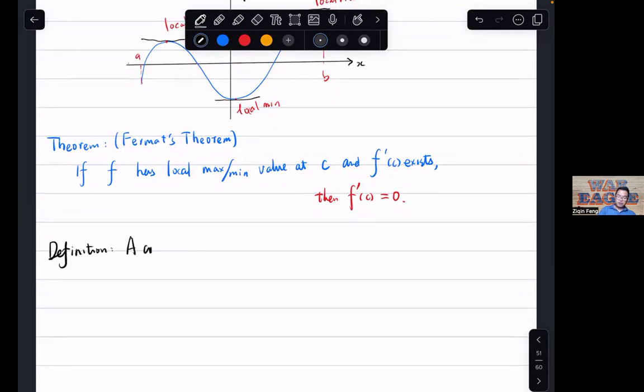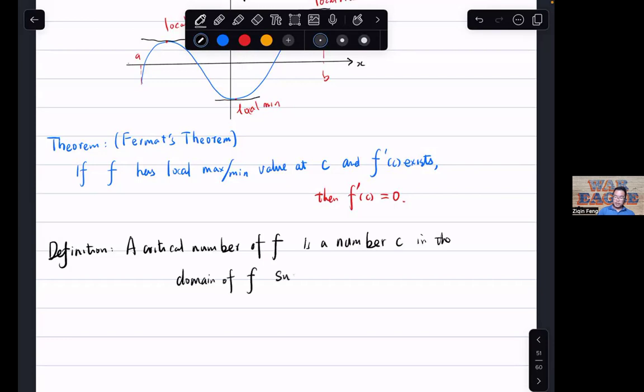A critical number of f is a number c in the domain of f such that either we have f prime of c equal to 0, so that's a possible local maximum or local minimum, or f prime of c does not exist.